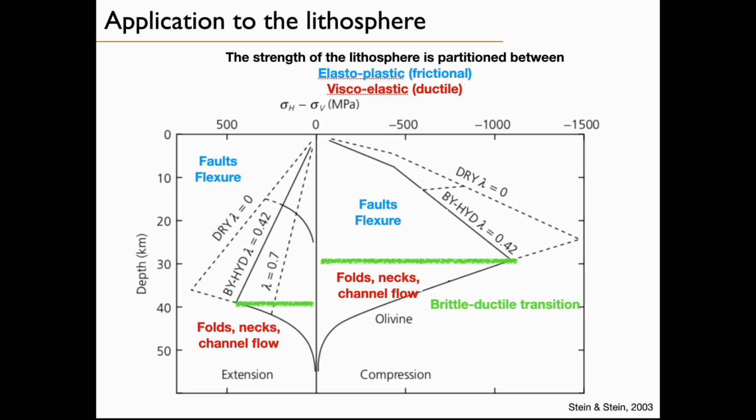So faults or flexure are likely to happen in the colder part of the lithosphere, in the elastoplastic region here or there, while faults, necks, and channel flows are rather likely to take place under the brittle ductile transition. Of course, this is a very simplified view of the rheology of the lithosphere, and it may be much more complicated in reality, but this gives you already a little overview of what a brittle ductile transition is and how it relates to all the things we've discussed in this lecture.